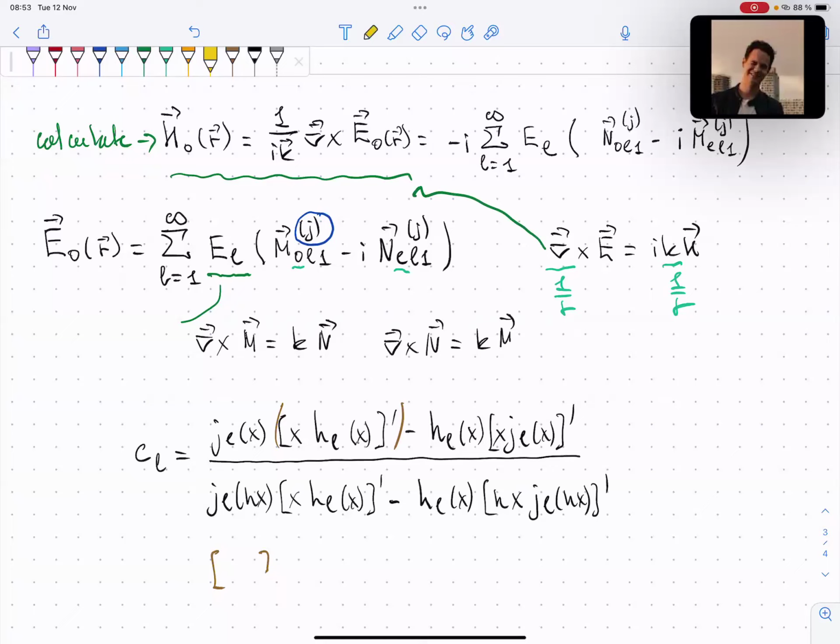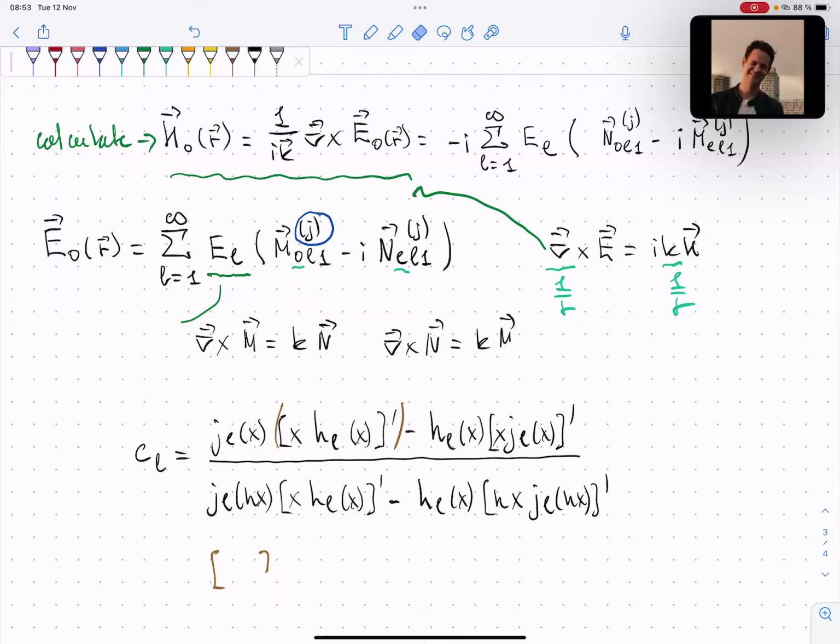When we take the curl of this, we get kn, and we also have 1 over k before, so k cancels out.